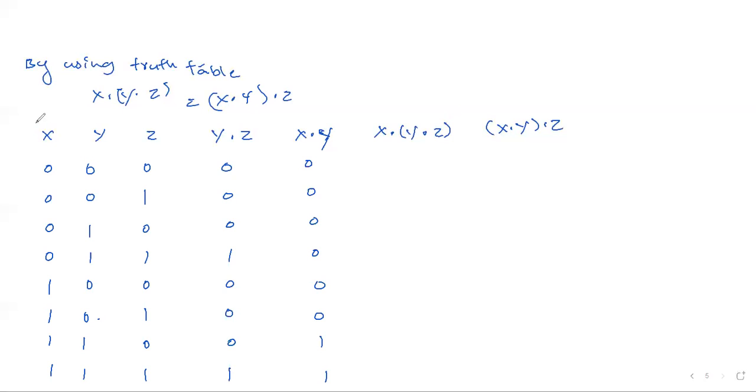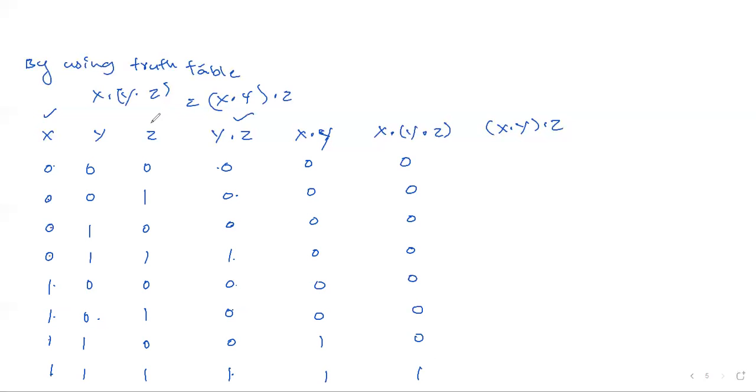Okay, now X, Y and Z. 0 and 0 will be 0, 0 and 0 will be 0, next 0 and 0 will be 0, 0 and 1 will be 0, 1 and 0 will be 0, 1 and 0 will be 0, 1 and 0 will be 0, 1 and 1 will be 1.